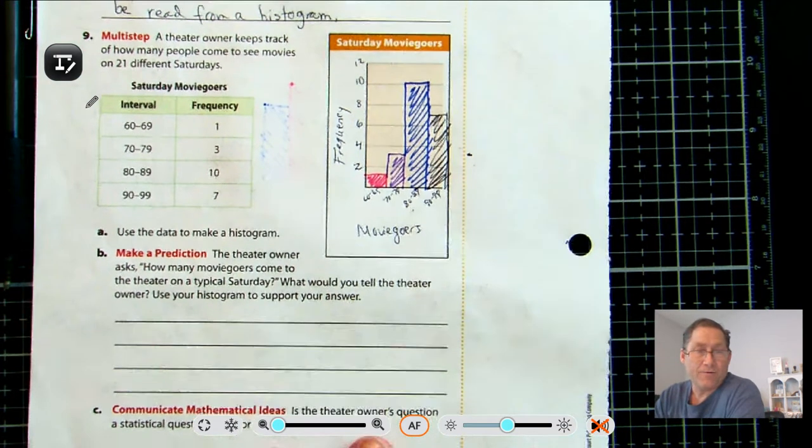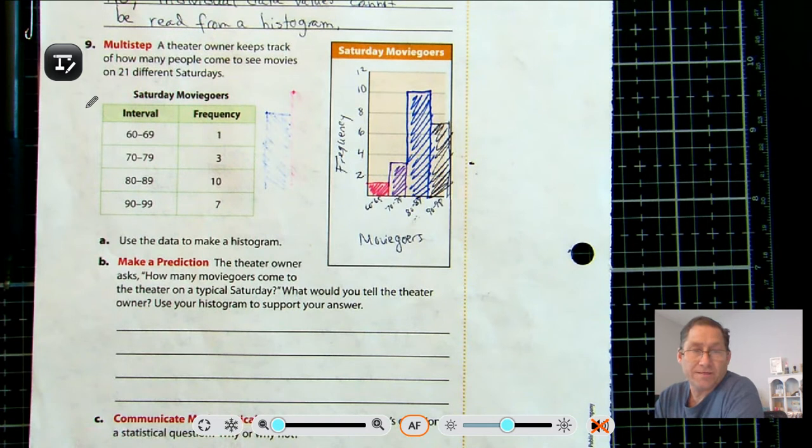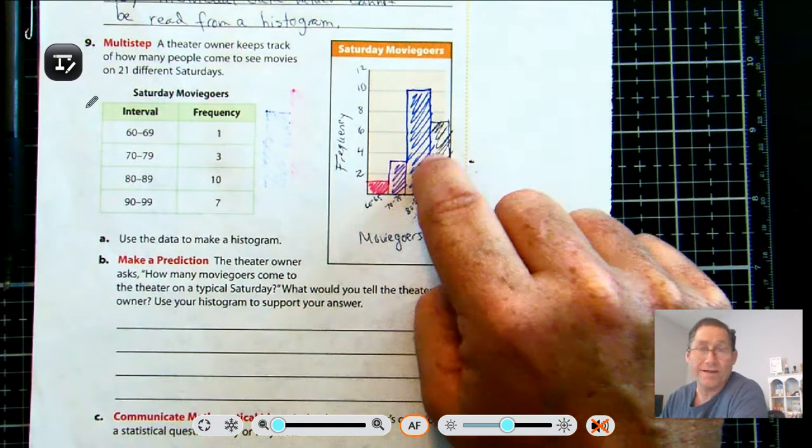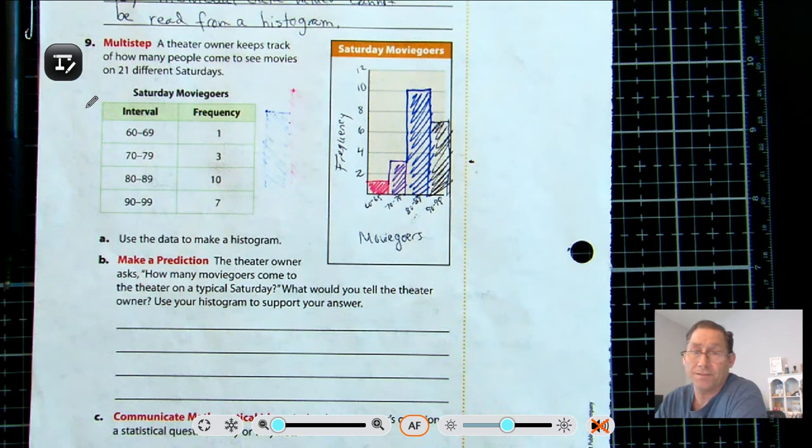So the theater owner asks, how many moviegoers come to the theater on a typical Saturday? What would you tell the theater owner? Well, it looks like out of 21 days, the majority, we have 17 Saturdays where there were more than 80 moviegoers.